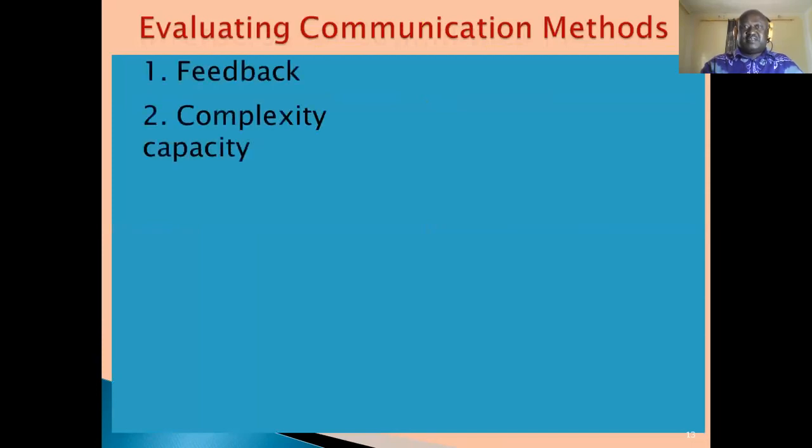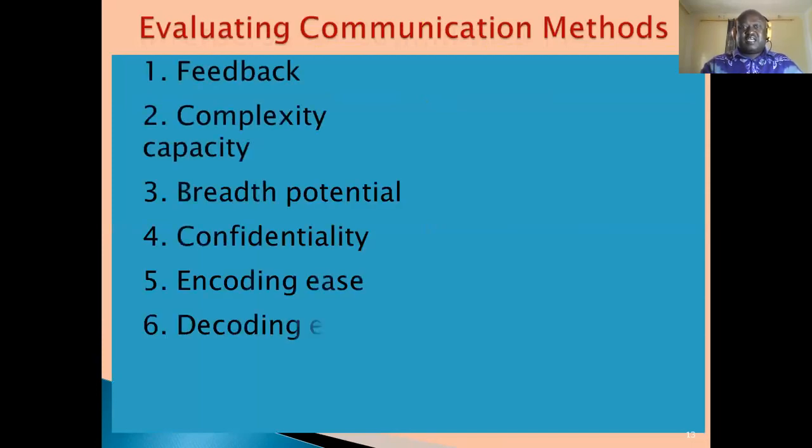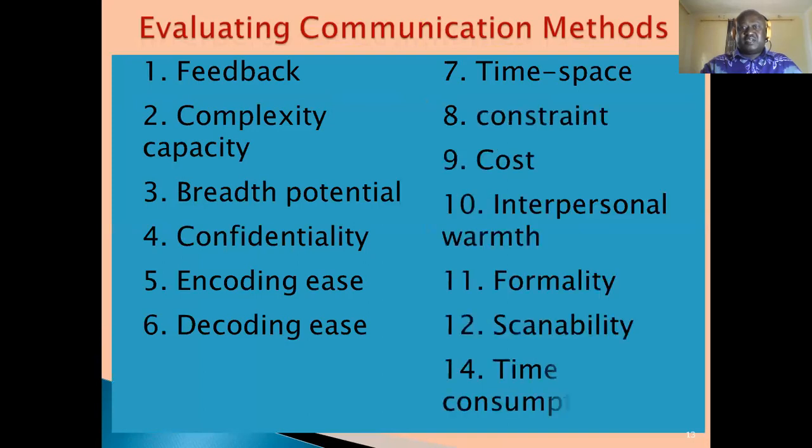So evaluating communication methods, we shall use the following 14 methods of evaluation. If feedback is fast, then that's good. If feedback can be got immediately, that method is good. If it is complex, it may not be good. A complex method of communication may not actually convey the message we want.